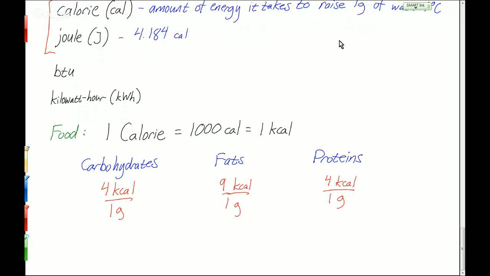You'll notice I said 4, 9, and 4. That's what your book says too. I didn't say 4.00, 9.00. And that's because there is a variability there. So it's going to be between like 3 and 5. And when you look at the package for your food, 140 calories, that's probably really just 2 significant figures.